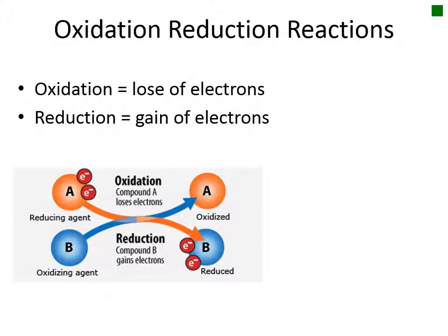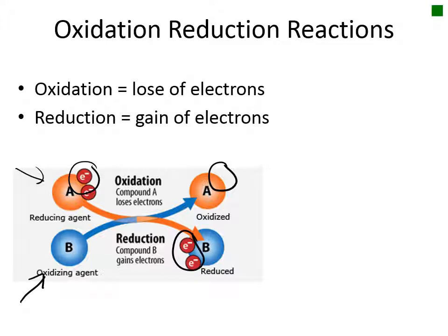Cellular respiration is based on a series of oxidation-reduction reactions, which are reactions that involve the movement of electrons. Molecules that have been oxidized, or gone through an oxidation reaction, such as A, have lost electrons. Molecules that have been reduced, or gone through a reduction reaction, have gained electrons.